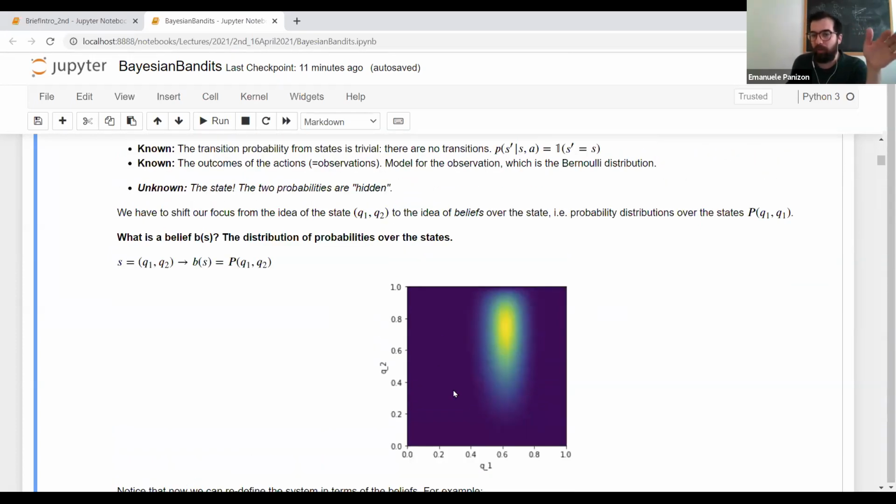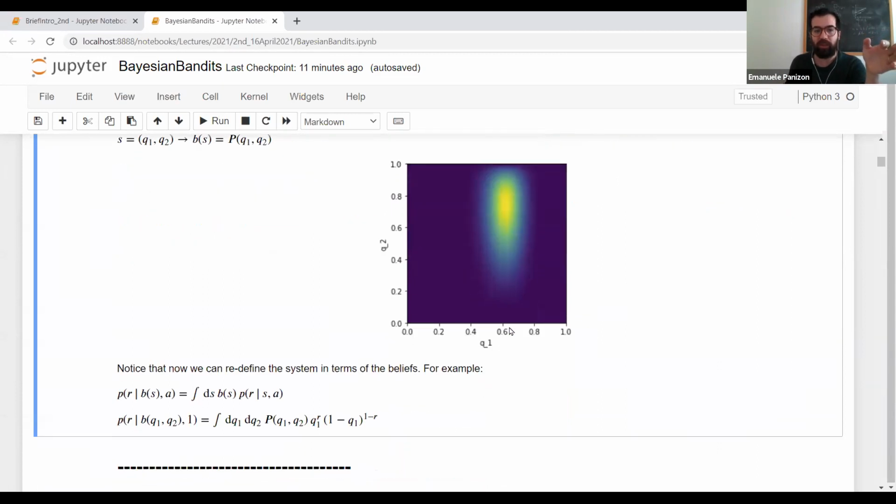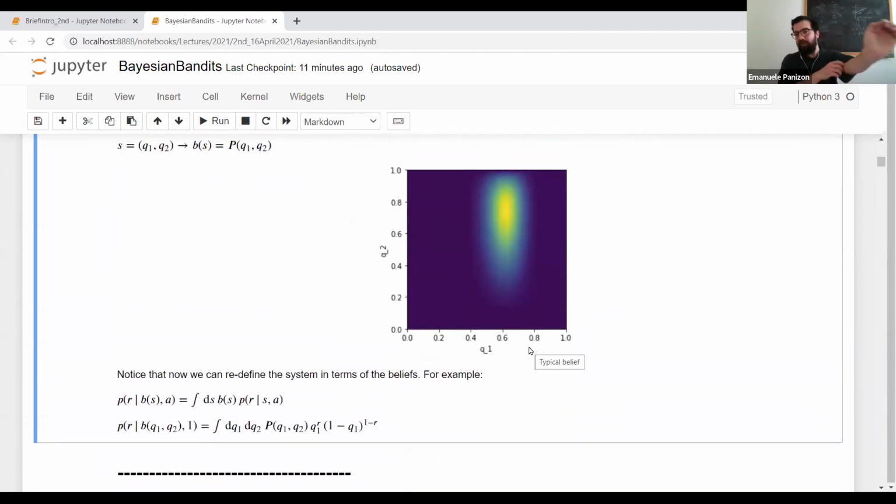You can see purple means my belief is that I'm not there, and I have a maximum probability of being in a certain point. So this is a typical belief. Instead of being in a state, I will deal with a probability distribution over states. Notice that this is something which you have done yesterday, but it's useful to think that everything which could be dealt with by a state now has to be integrated in the belief.